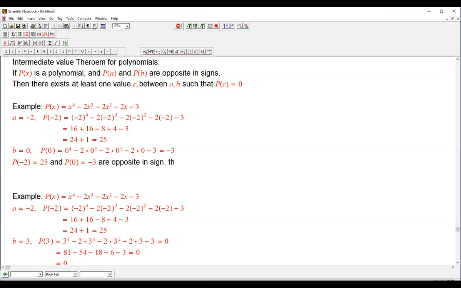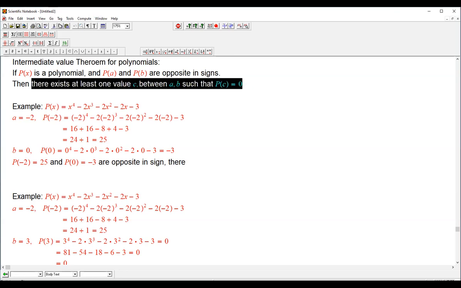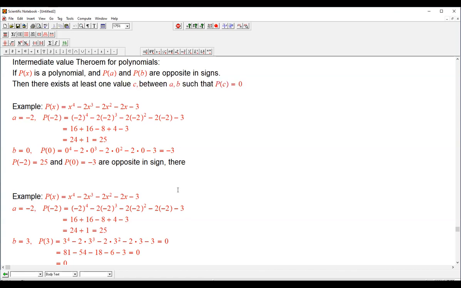Thus, according to the theorem, there exists at least one value C between A and B. A of course is -2, B is 0, such that P of C equals 0.